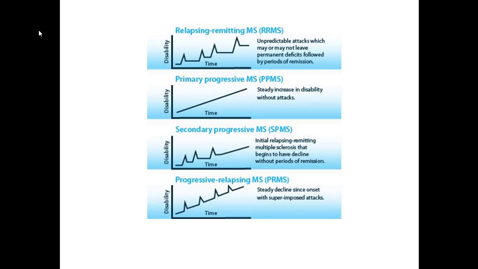These pictures should actually be going the other way to make a little bit more sense, but it's an increase in the decline, if that makes any sense. And then there's progressive relapsing, where they never return to their baseline. They're just a steady decline, attack, steady decline, attack, steady decline, attack.